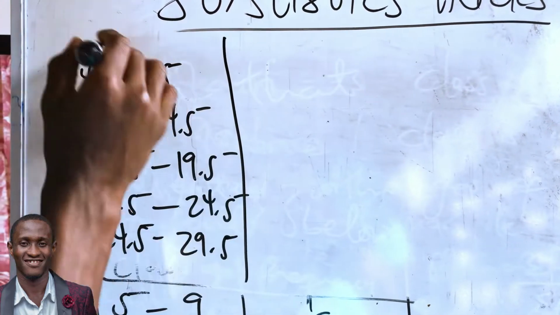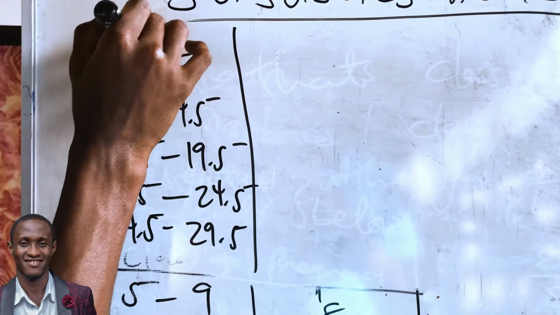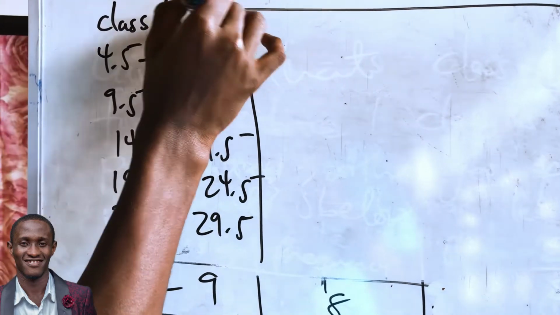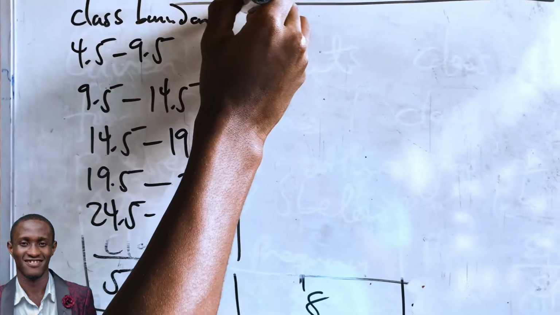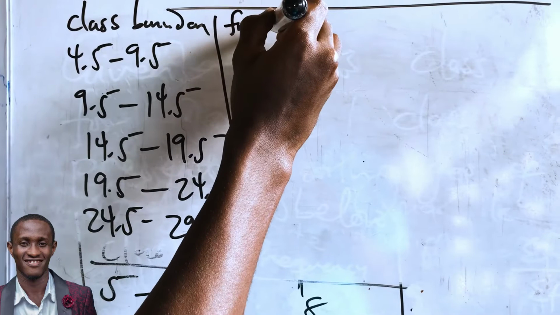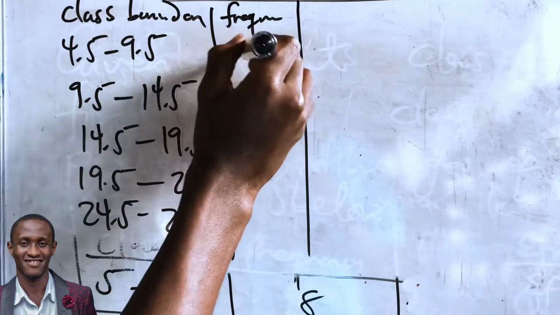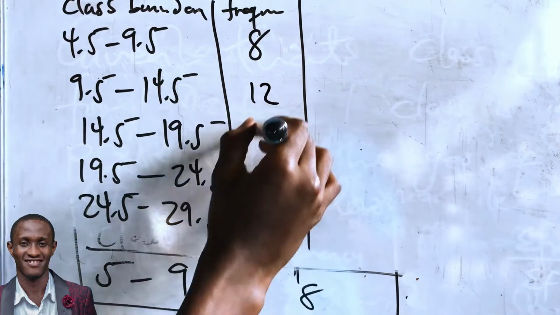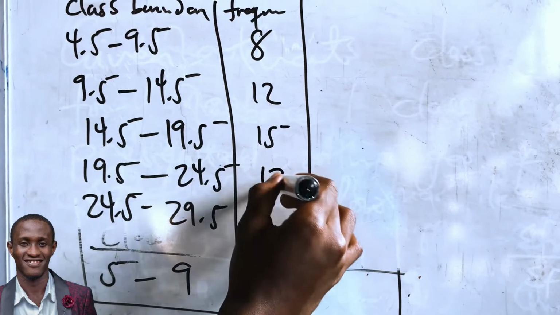So this becomes the class boundary. Then I'll have my frequency: 8, 12, 15, 17, and 20.